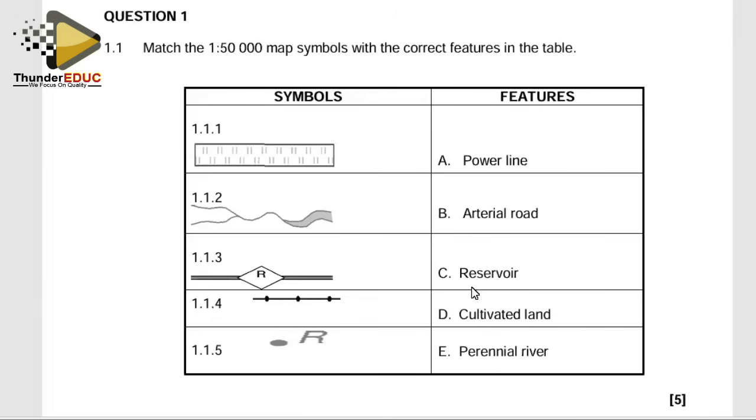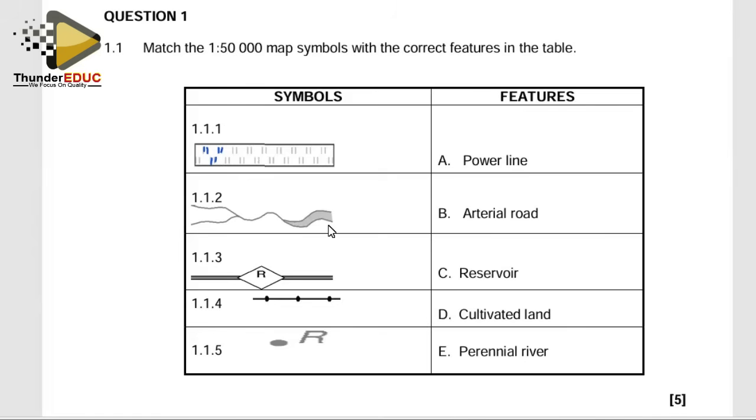Right, the first symbol that we have is this one here. You can see it's a polygon feature, which is an area feature with these kinds of markings. Which geographical feature is represented by that kind of a symbol?